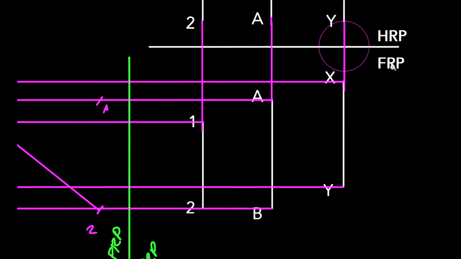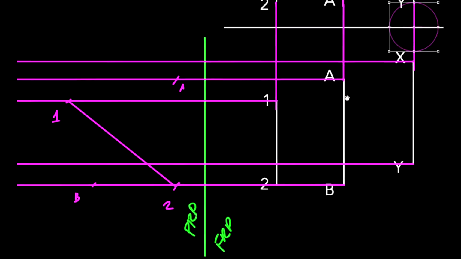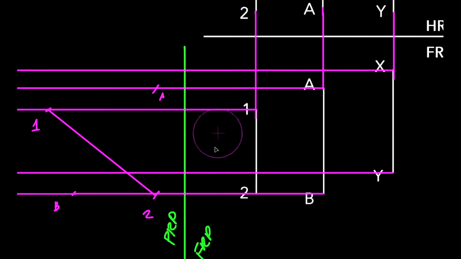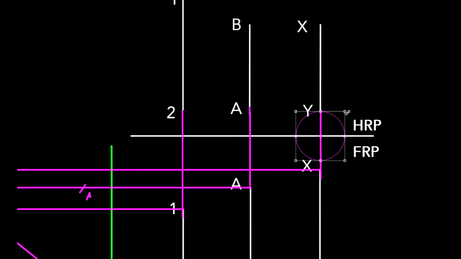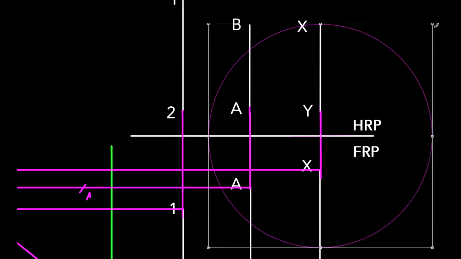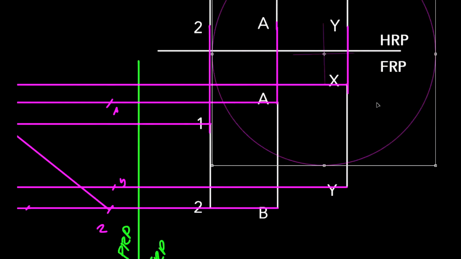We could probably zoom, no, para sigurado. Okay, so this is Y. Y is this one. Tama? This is Y. And last line natin is, not last point I mean, is X. Which is this distance away.